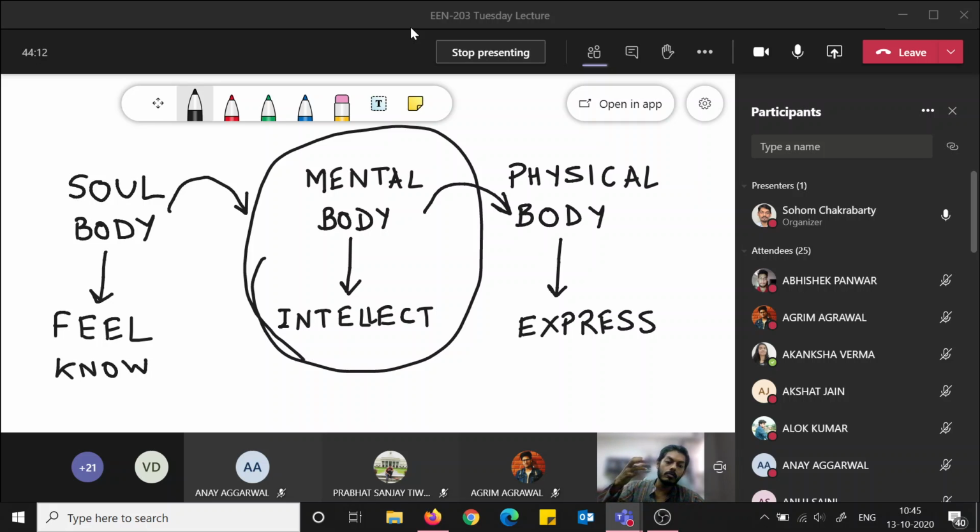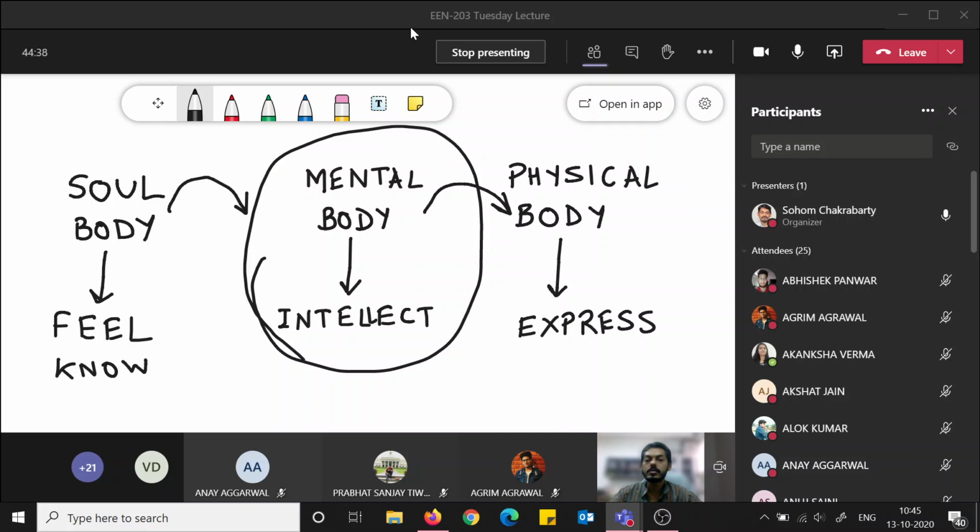The mental body was driven by that, and then your physical body expressed. This does not happen all the time, because we are not tapping into our soul body all the time. Sometimes it pushes itself up and drives you, and you are unable to ignore it at that time, but most of the time we are ignoring it.